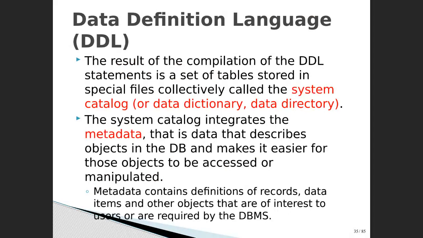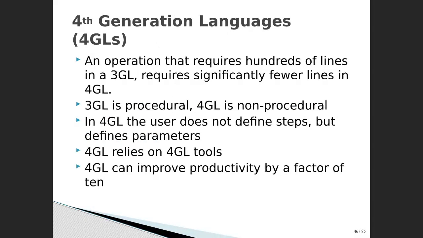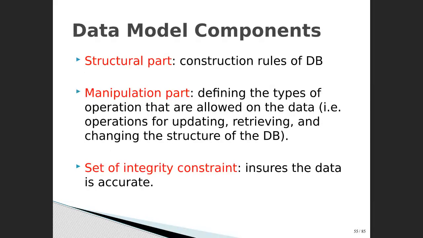Then we talked about the query language, procedural types of DMLs, types of DDLs, and then the fourth generation language, which is like SQL, and the applications. Then we went through the data model. We said it contains 3 main parts: structural part, manipulation part, and set of integrity constraints.